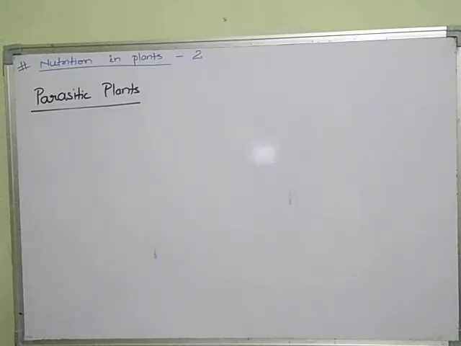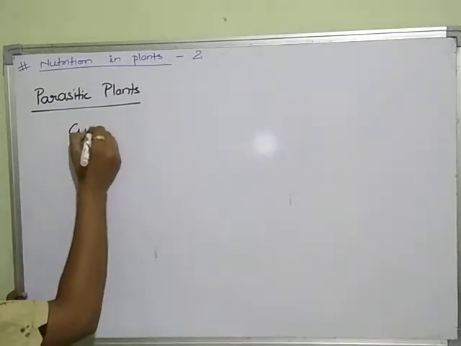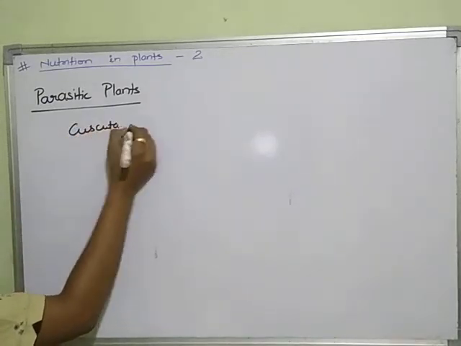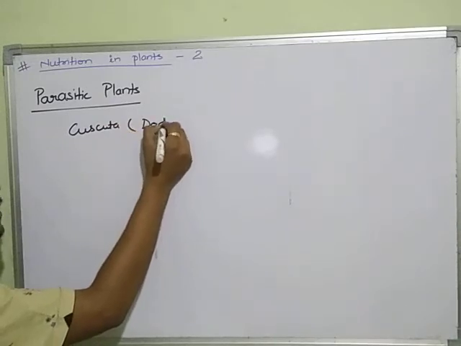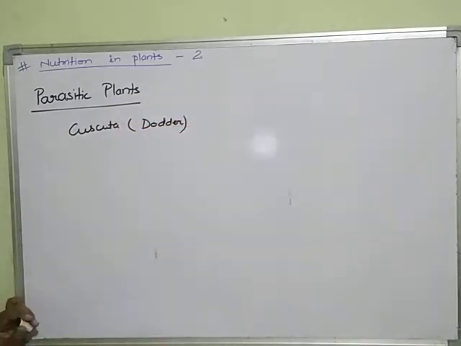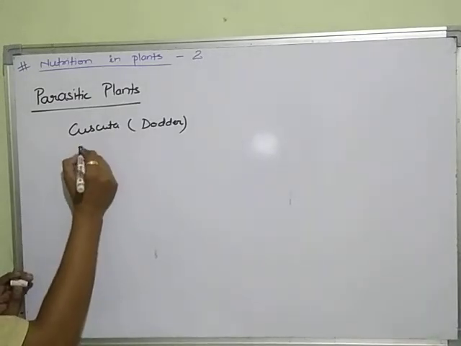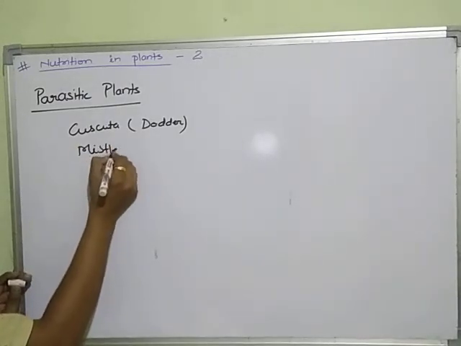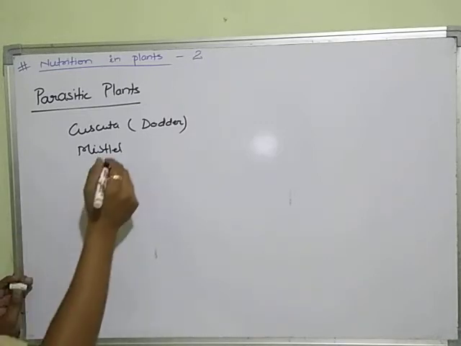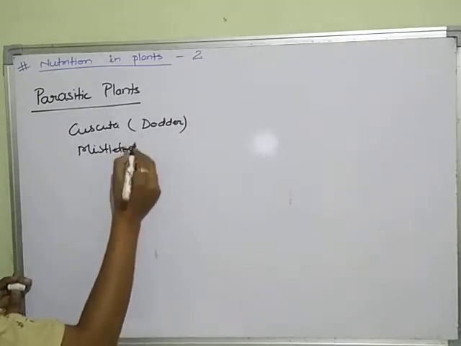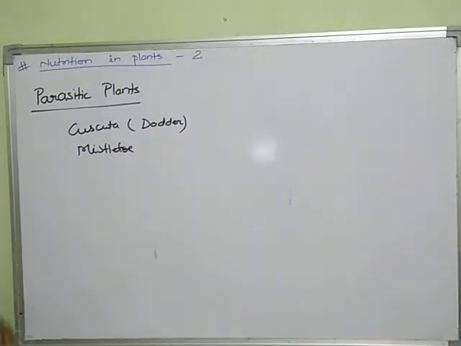If I talk about parasitic plants, some plants like Cuscuta, or we may call it dodder also, and one more plant named mistletoe, depend upon other plants for their food, and these are called parasitic plants.